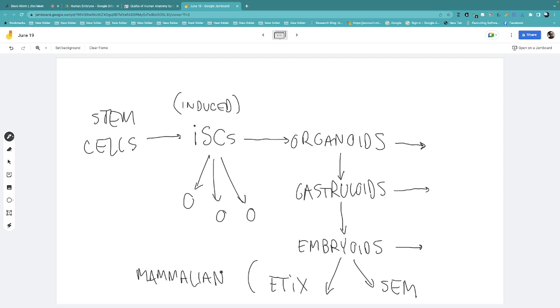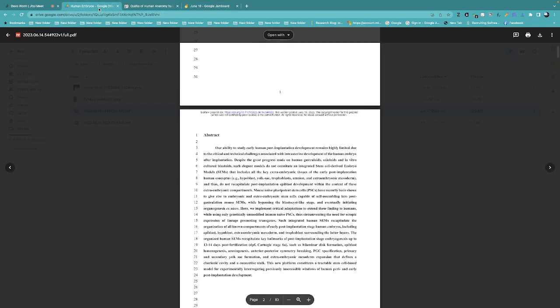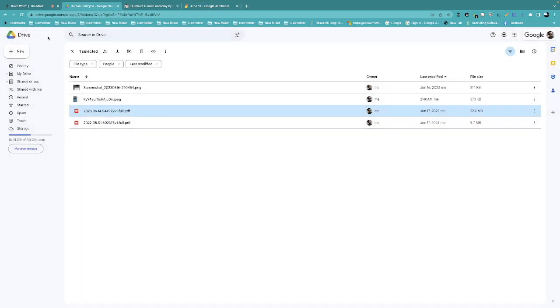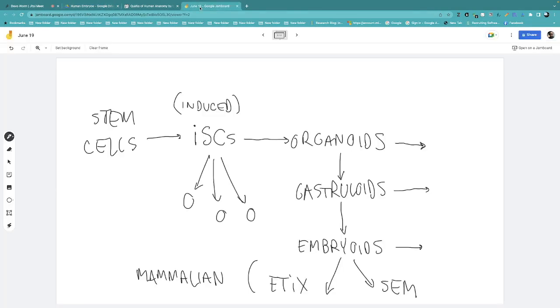Right. So this is different from C. elegans by far. This is describing this more complex embryogenesis you'll see in what we call regulative development. You'll have these different stages that you don't see in C. elegans.